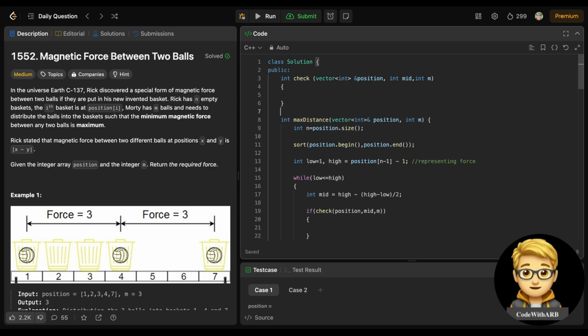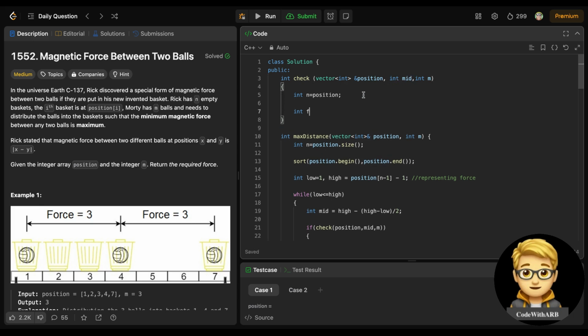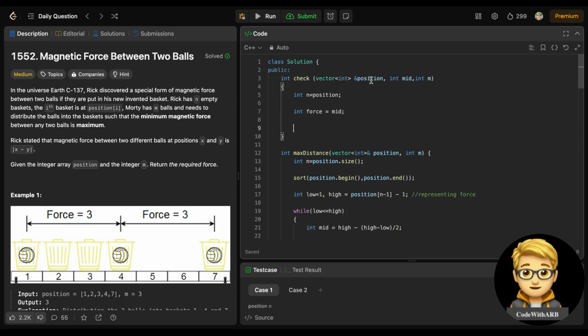Now what I need to do is try to place the balls according to this force value, right? Let's make another variable. This is the force I need to maintain for the positions, right? So we will iterate in the array of positions.